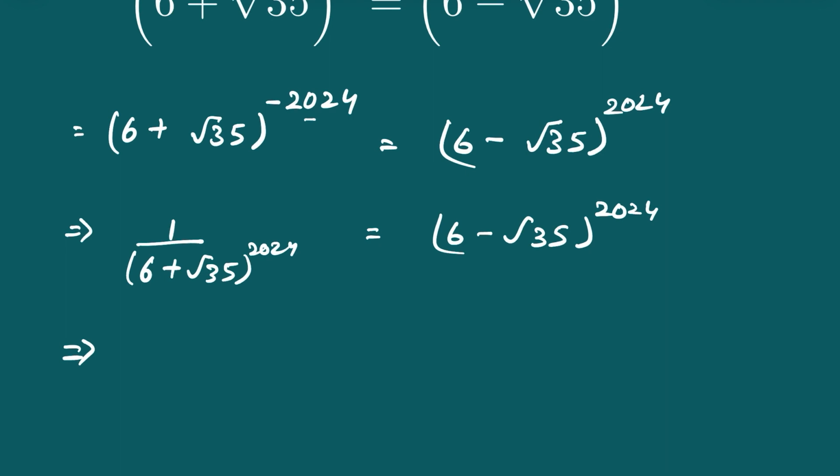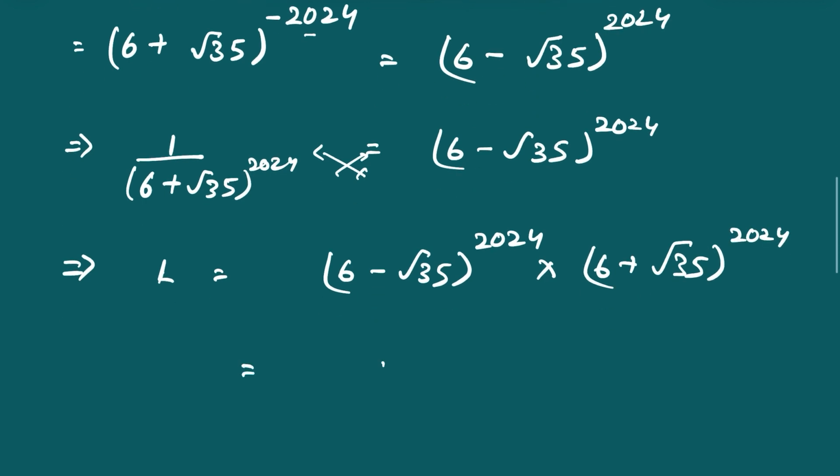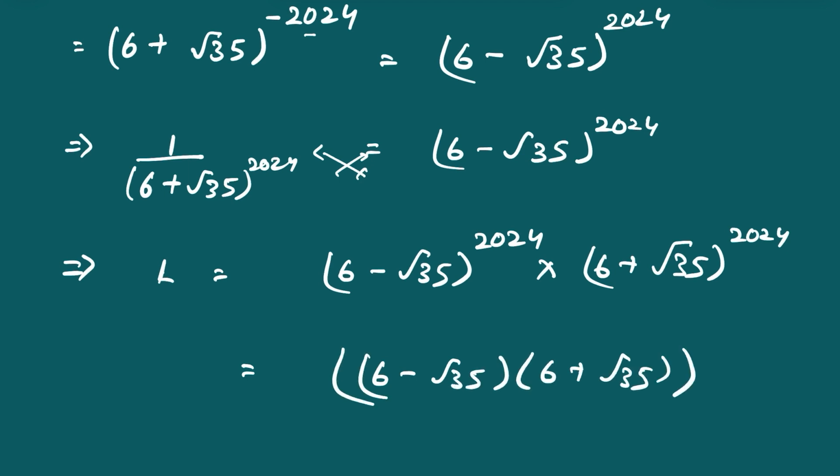Now we can cross multiply. So 1 is equal to (6 − √35)^2024 times (6 + √35)^2024, or ((6 − √35)(6 + √35))^2024.